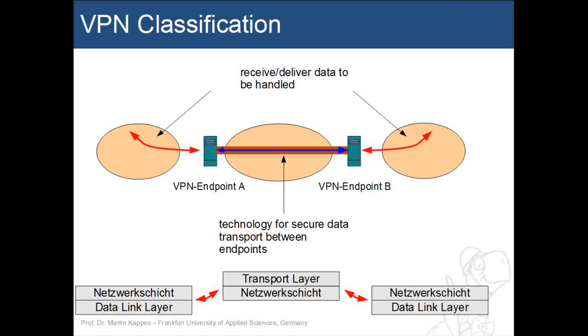And the second classification feature is the question of how the data is transported between the two endpoints, aka the technology for the secure data transport between endpoints. So that is a general classification of VPNs, and if you have a new VPN technology, it is a good idea to study how the technology works by looking into these features.